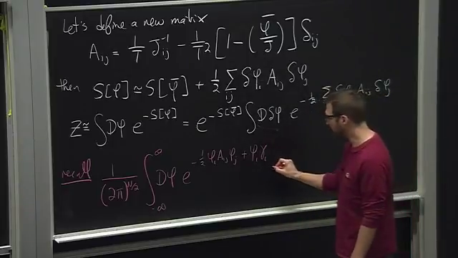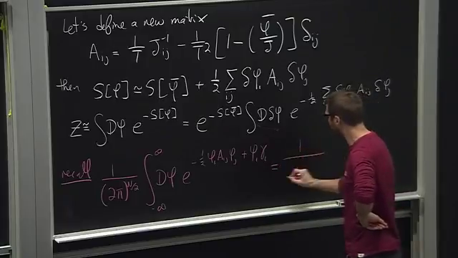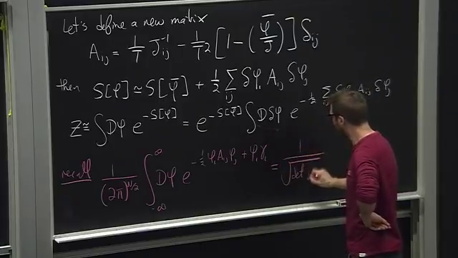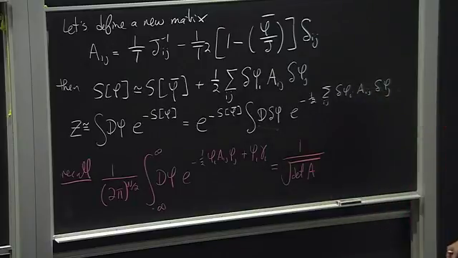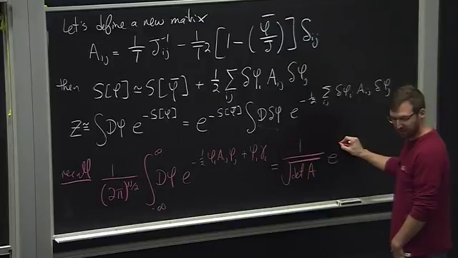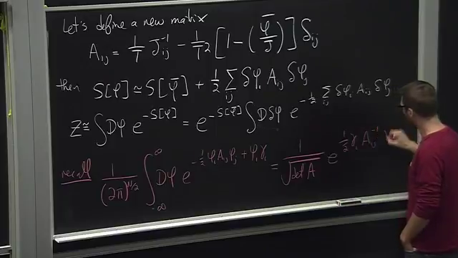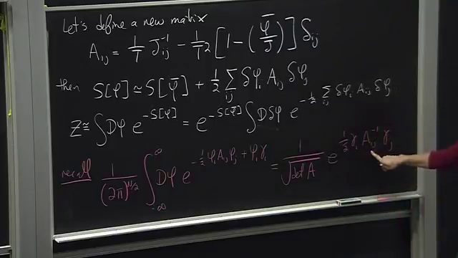And then this thing was equal to 1 over the root of that determinant. And then you had a piece that just depended on the auxiliary fields. And the inverse matrix.